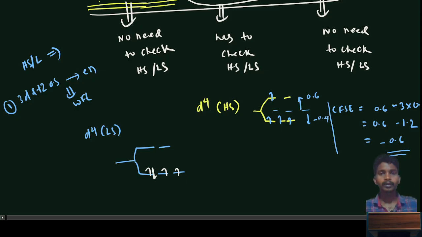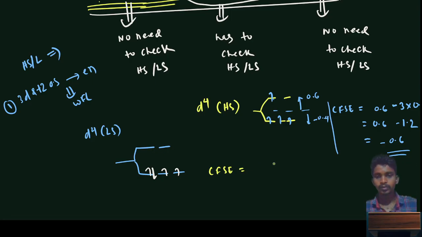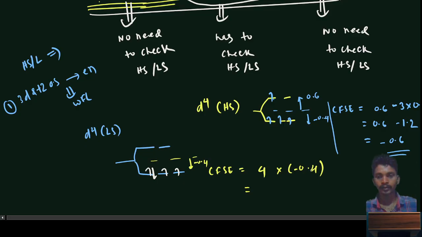So the CFSE will be, since there is nothing in the upper level, only down, 4 multiplied by minus 0.4, that is minus 1.6.